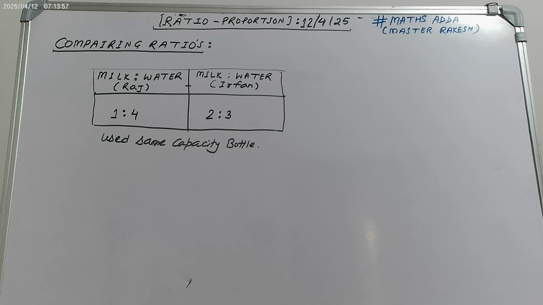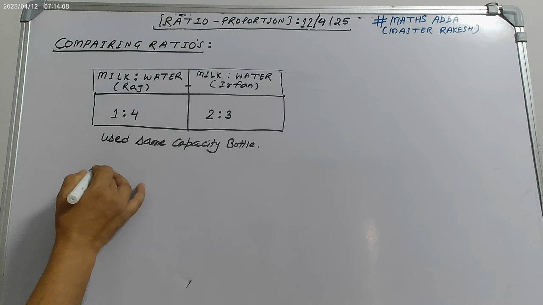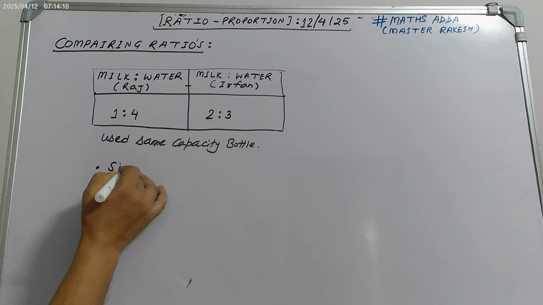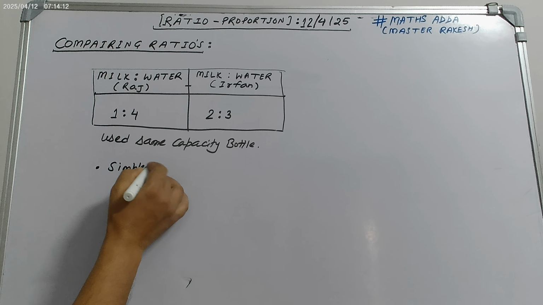Whenever we compare ratios, first represent the ratio in the simplest form, meaning fraction form.